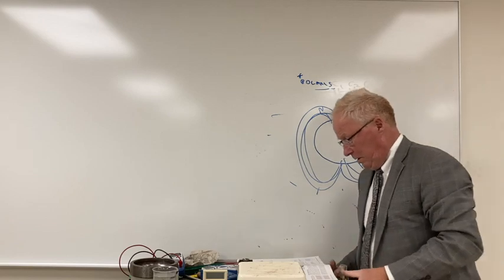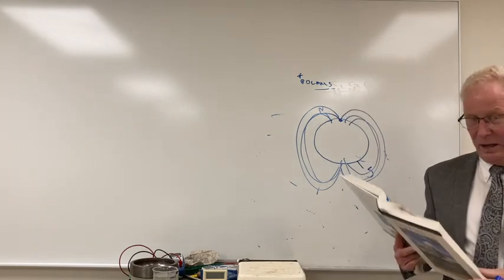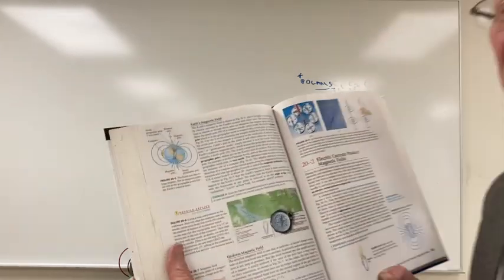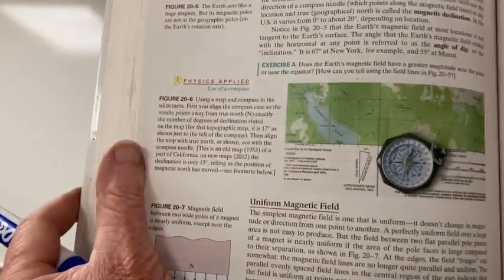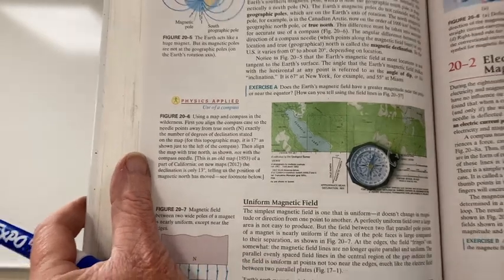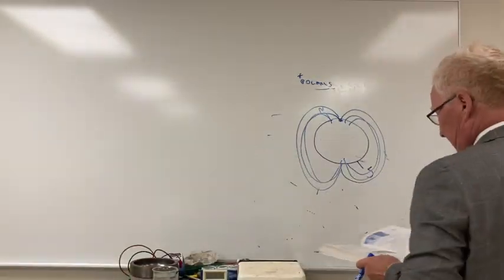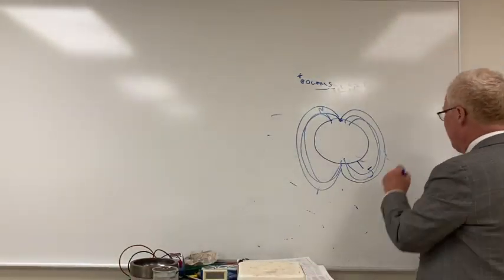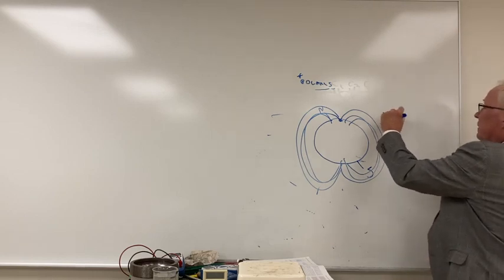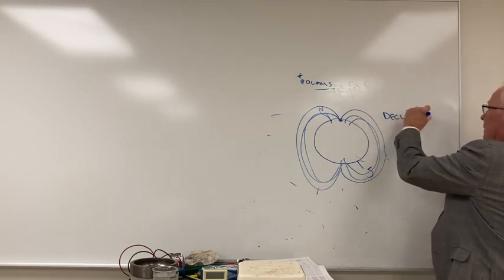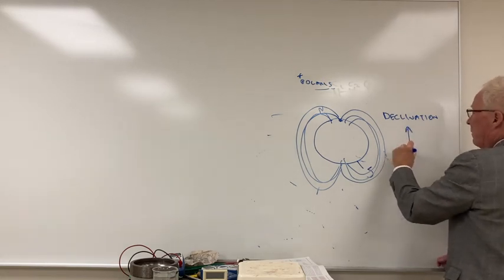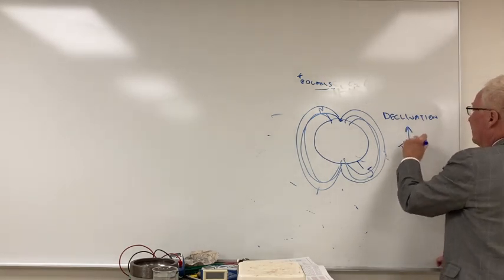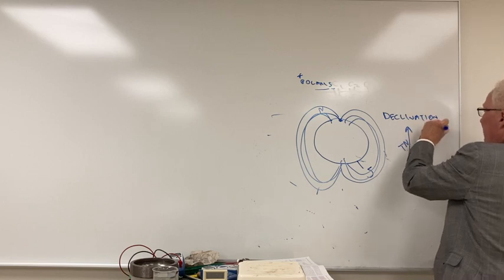And so what this means is, on a topographic map, like this one, there's a thing called declination. Declination is the difference between what we call true north and magnetic north.